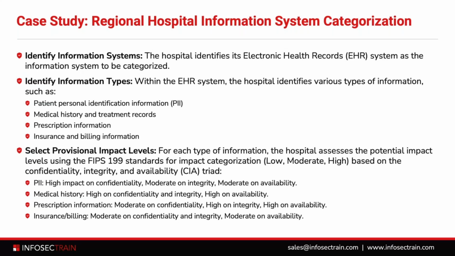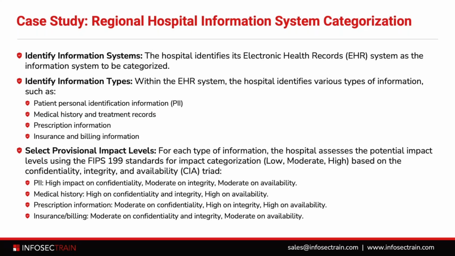The confidentiality will always be high for any PII data. Medical history: high on confidentiality, high on integrity, high on availability. Prescription information: moderate on confidentiality, high on integrity, high on availability. Insurance billing information: moderate on confidentiality, integrity, and availability.